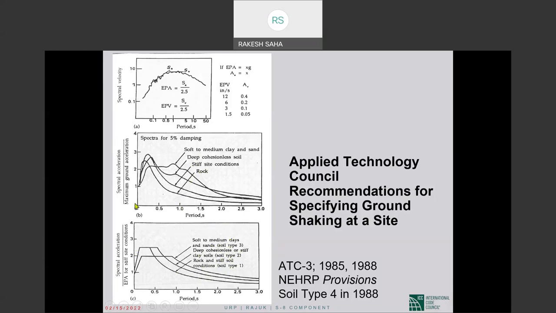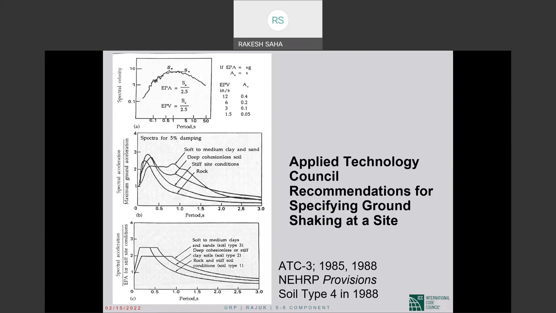For design purposes they have changed the shapes somewhat because they thought that the altered shapes are more suitable for design. And very importantly, they have normalized the spectral acceleration not with respect to peak ground acceleration, but effective peak acceleration for stiff site conditions.